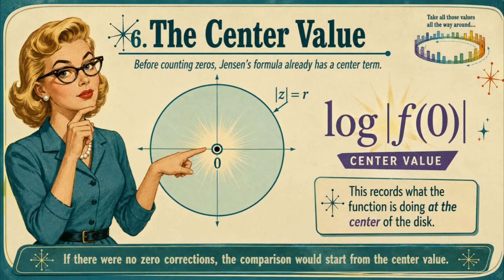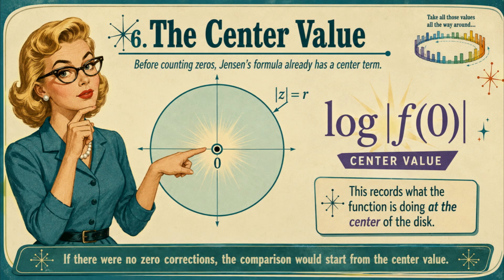The center value is the starting point of the inside story. If there were no zeros inside, the center value would already be closely connected to the average around the boundary. That is one of the beautiful things about analytic functions. Their center behavior and their circular average are deeply linked.